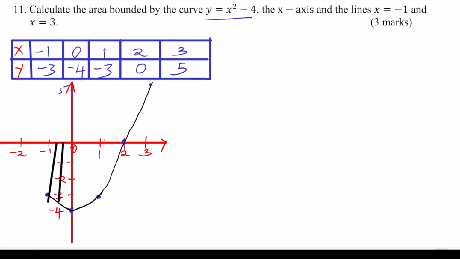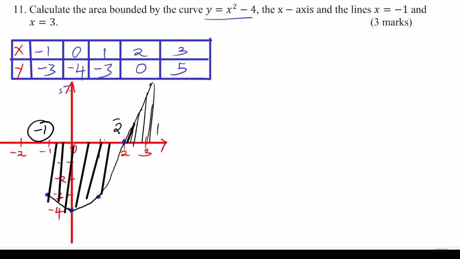Like this area here, this area is below the x-axis. Then we have this one here, this one is above the x-axis. So the area that is below the x-axis is from x equals -1 to 2. Then the area that is above the x-axis is from 2 to 3.